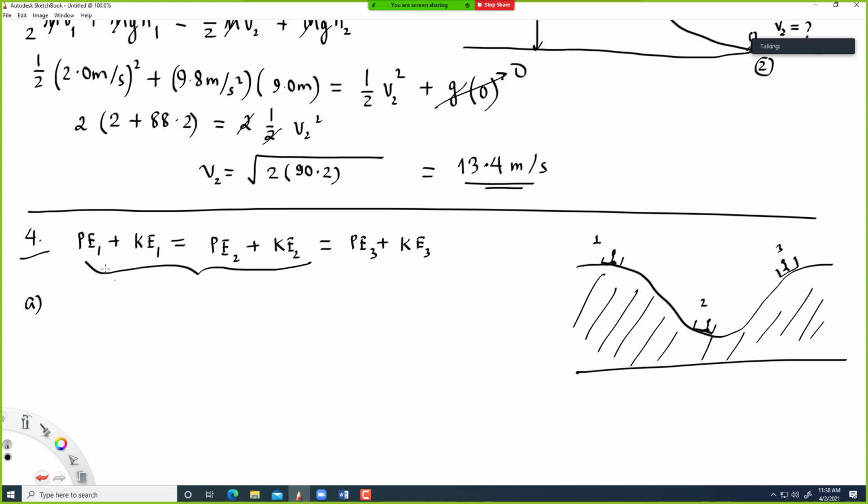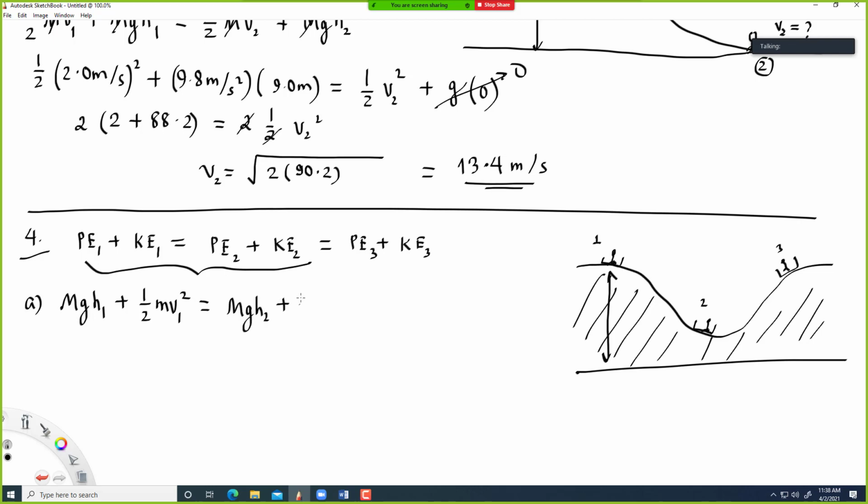So potential energy at 1 is mgh1. That's the height. Plus kinetic energy at 1, 1/2 m v1 squared. Potential energy at 2 is mgh2.